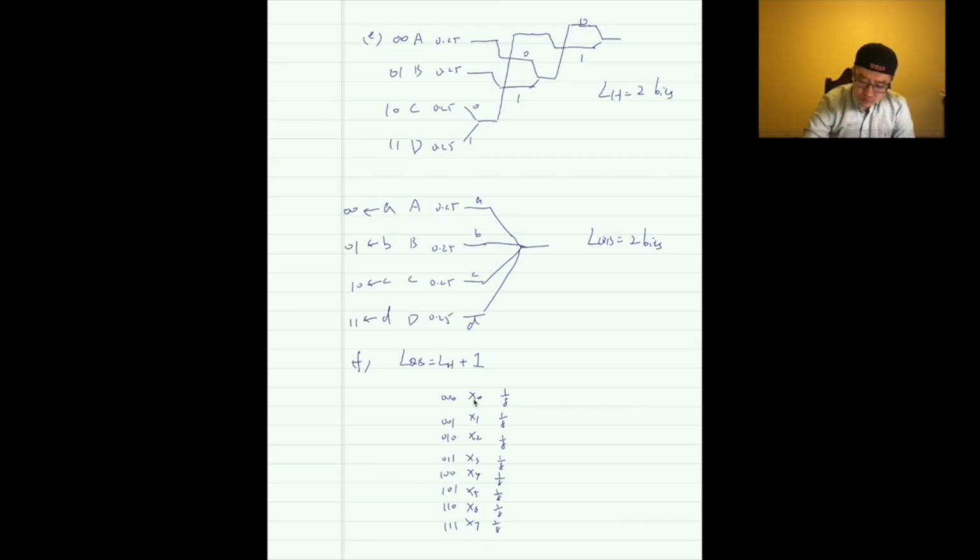So we would like to append a bit in the end. It could be 0 or 1. For example, let's do 0.